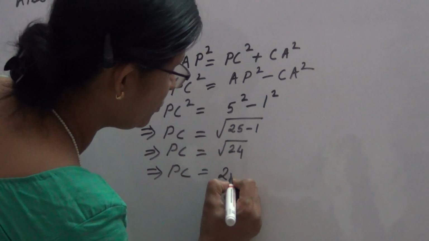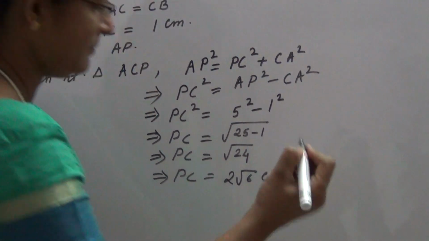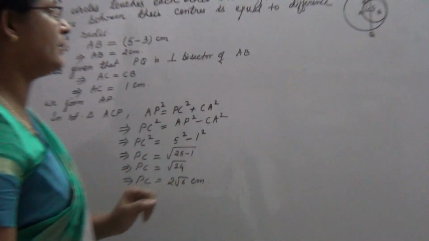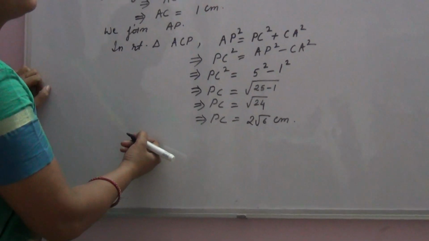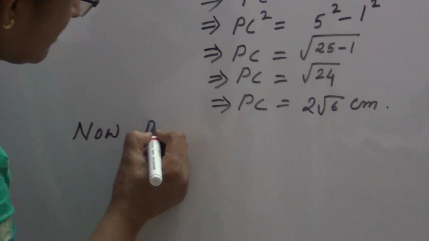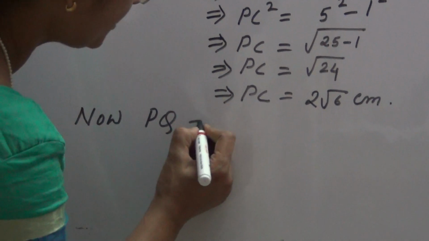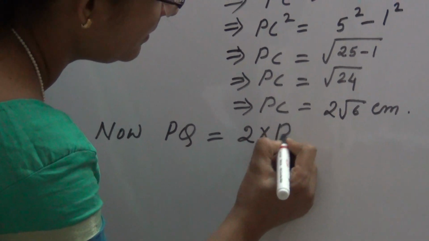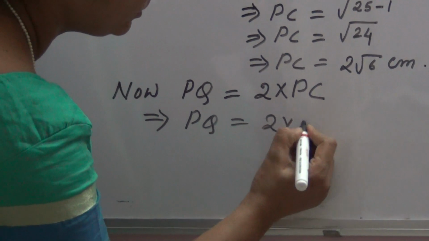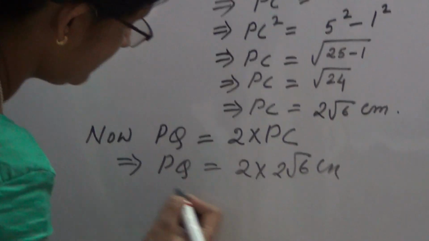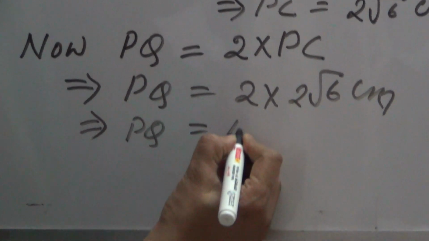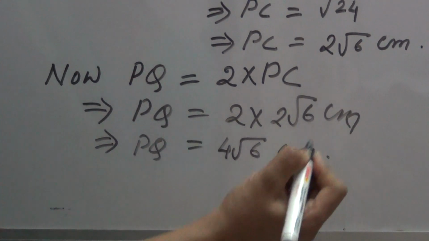This will give us 2 root 6 centimeter. Now we have got PC, and CQ is also equal to PC. Now PQ is equal to 2 times PC. This implies that PQ is equal to 2 into 2 root 6 centimeter. This implies that PQ is equal to 4 root 6 centimeter.